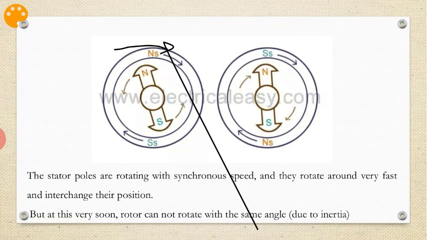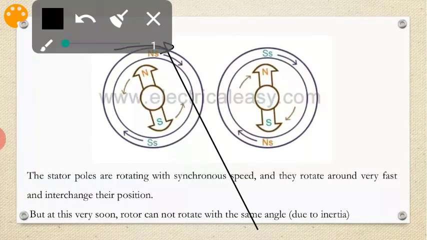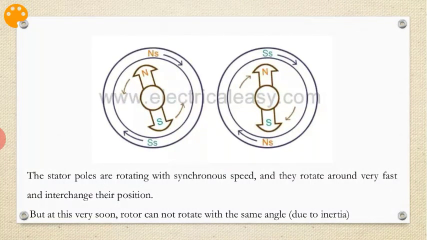Assume that it rotates in this direction with speed ns equal to 120f by p. So this is our rotor.